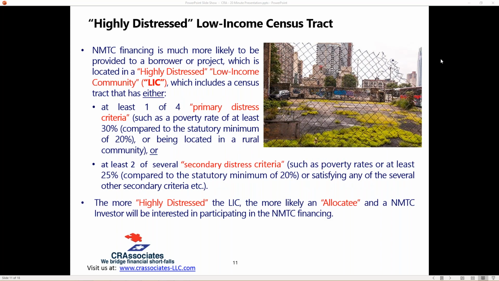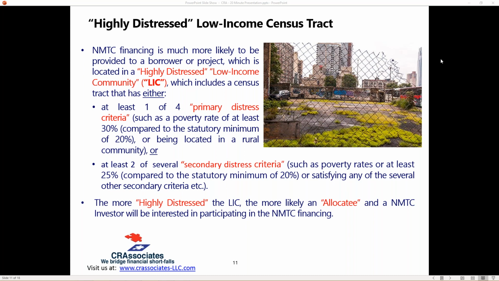New market tax credit financing is much more likely to be provided to a borrower project which is located in a highly distressed low-income community, which includes a census tract that has either one of 4 primary distress criteria or 2 of several secondary distress criteria.